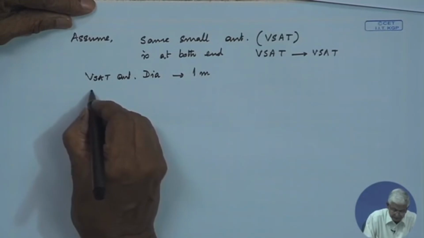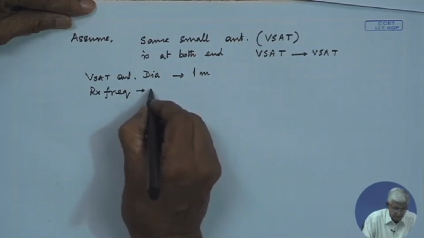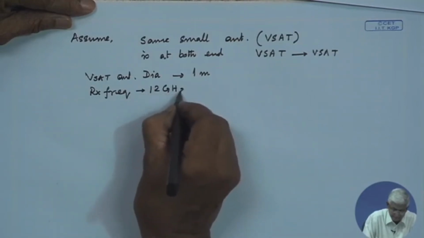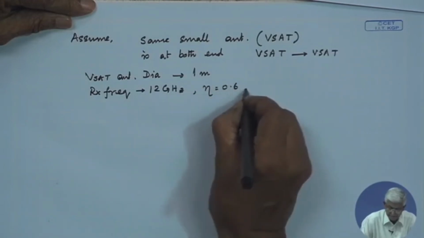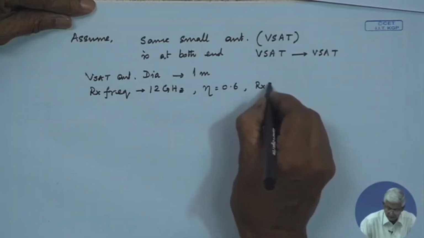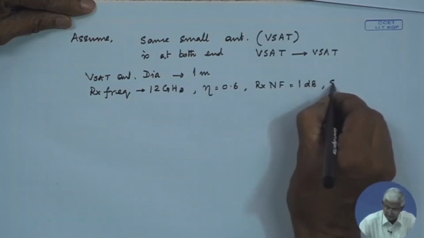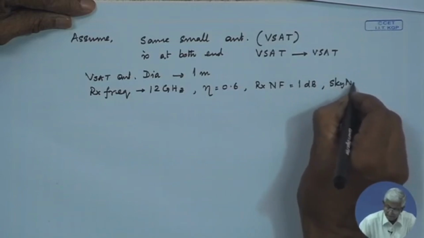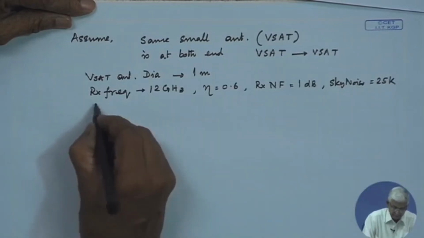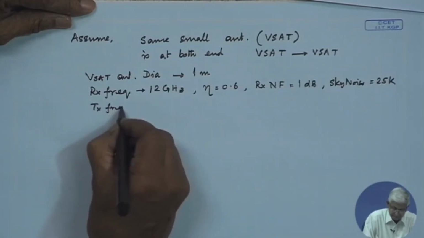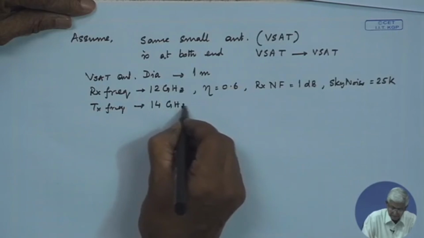Then frequency, let us call it the receive frequency, is 12 gigahertz from the satellite, and the antenna efficiency is 60%. Receiver noise figure is 1 dB. Sky noise or antenna noise is 25 K. The transmit frequency, that is from earth to satellite, is 14 gigahertz, higher.